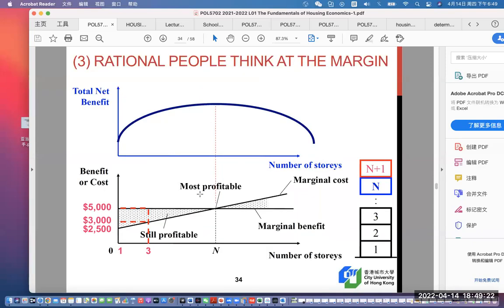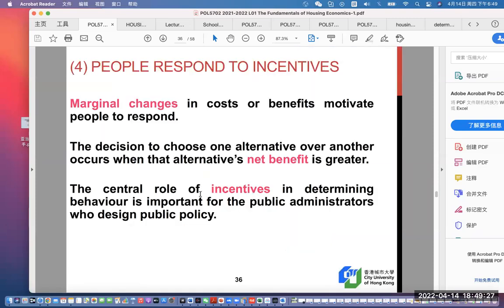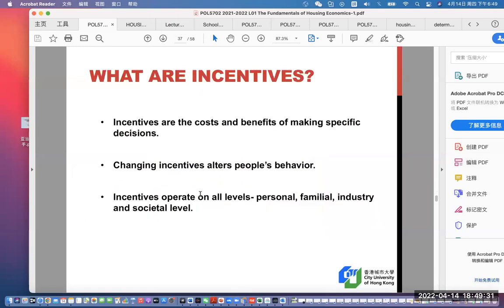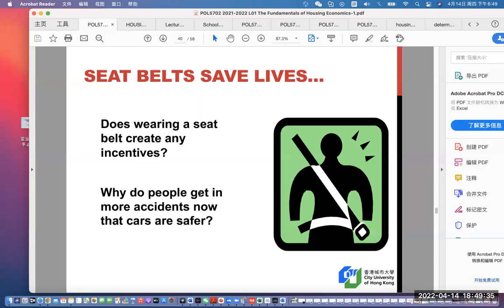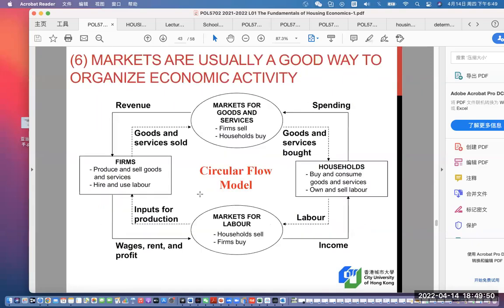The rational, margin. You remember we mentioned the diamond example, right? And people respond to incentives. We go through this, and the interaction between specialization and trade. You can read Adam Smith, who wrote The Wealth of Nations.